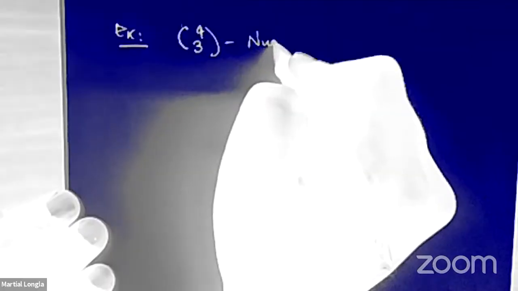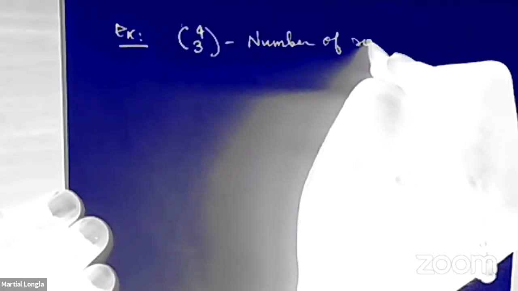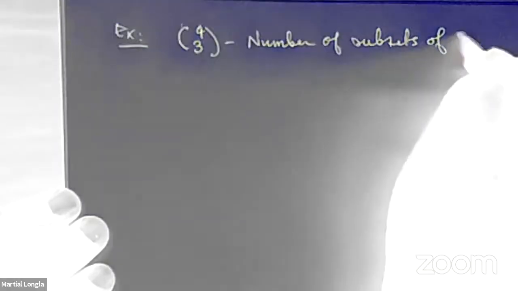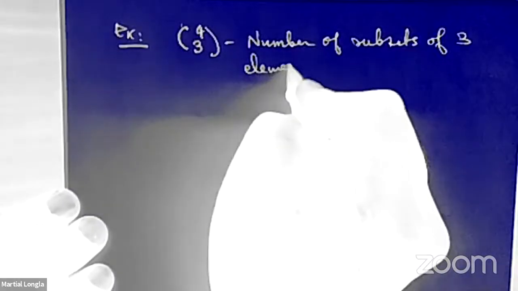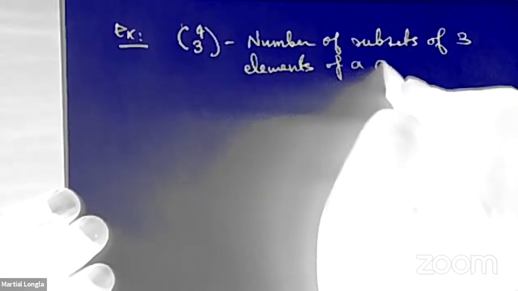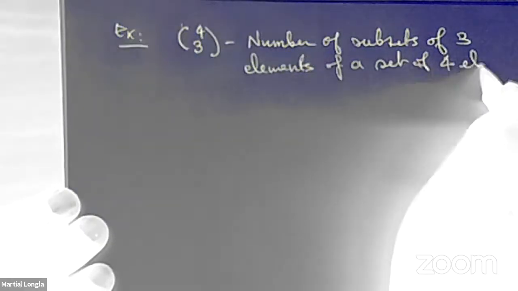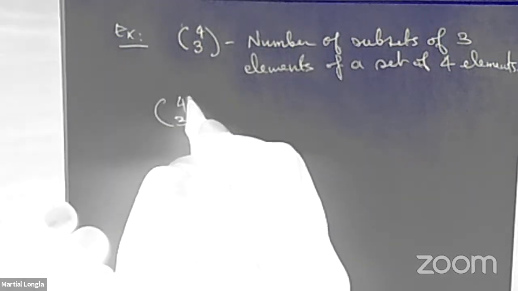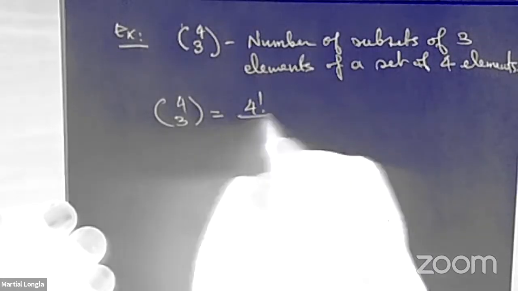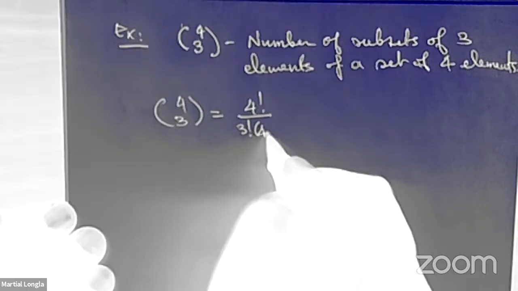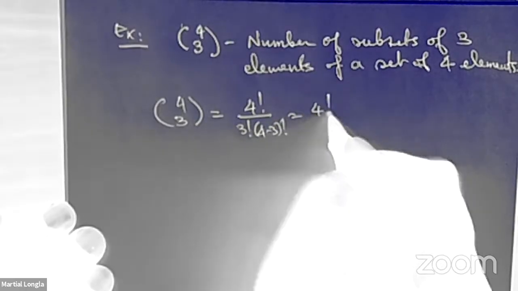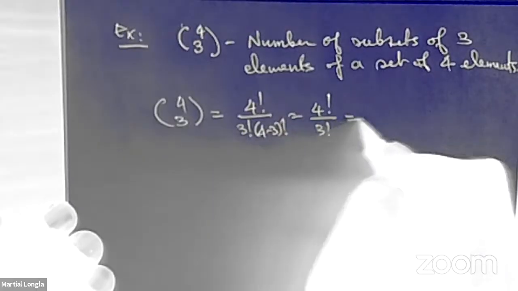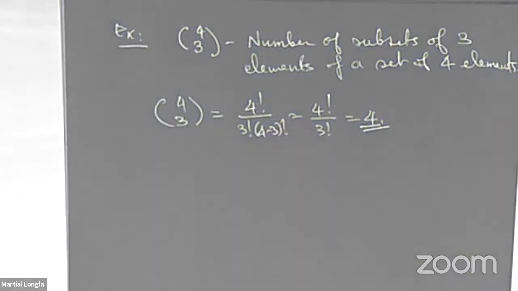That's the number of subsets of 3 elements of the set of 4 elements. And the formula says choose 3 out of 4 is 4 factorial over 3 factorial times (4 minus 3) factorial, which is 4 factorial over 3 factorial, that's 4. So there are exactly 4 subsets of 3 elements of any set of 4 elements.